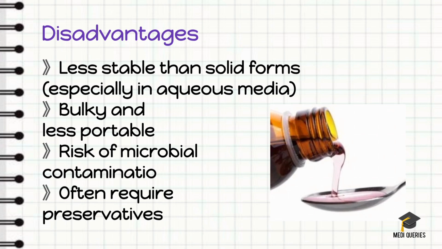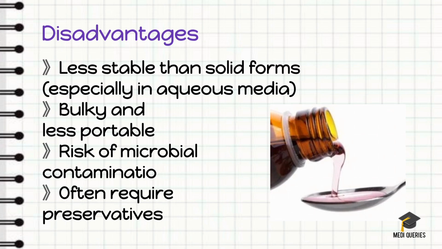So that is a risk while preparing this type of preparation. So it is highly recommended that preparations be taken freshly prepared. Okay, so often preservatives are required. These are the various disadvantages of these preparations.